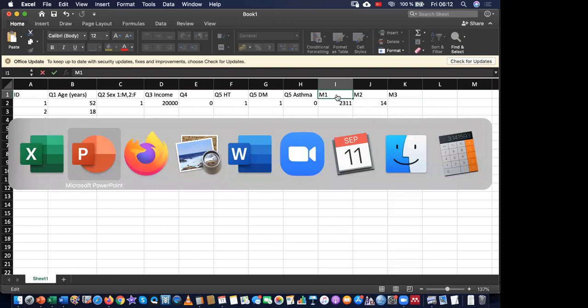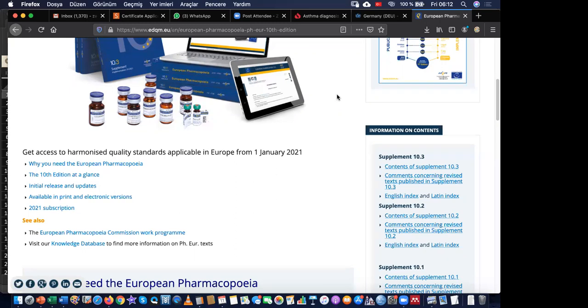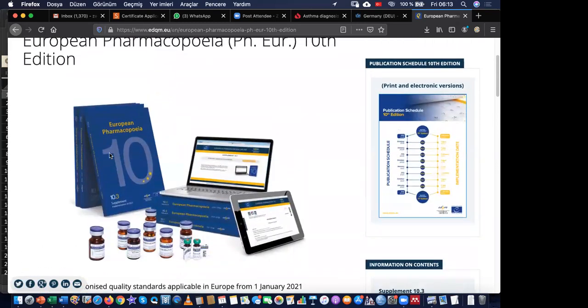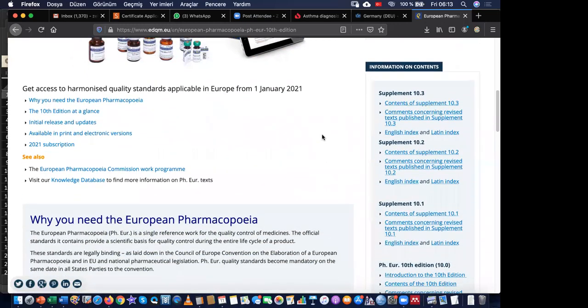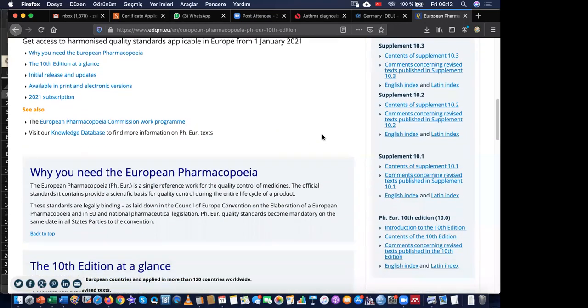Yes, we have a pharmacopoeia, but I'm not sure how many drugs there are exactly. It should be thousands, probably 3,000. This is European, three volumes, so I would guess maybe 5,000 names inside. In Turkey the number was around 4,000.